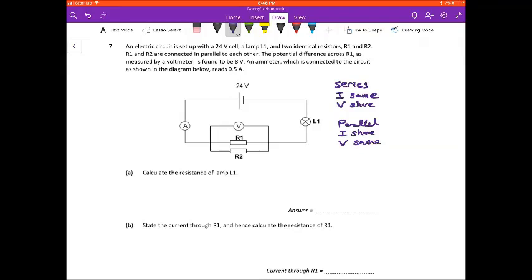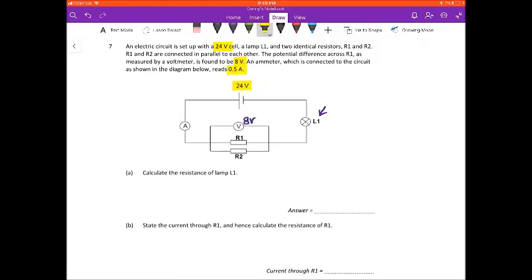So let's look at this. I want to find the resistance of lamp 1, right? So my focus is this guy here. I was told that it is 24, so I already got this. And I was also told that the voltmeter is 8V, so I will write this down. This is 8V.